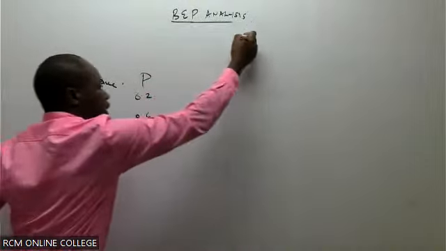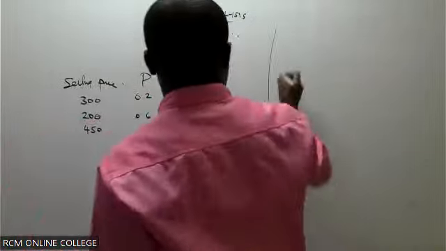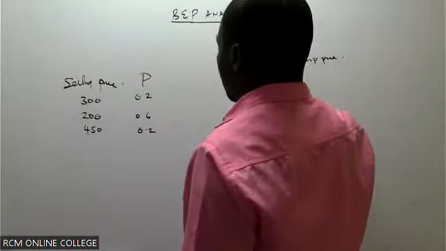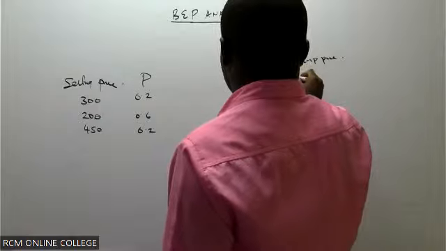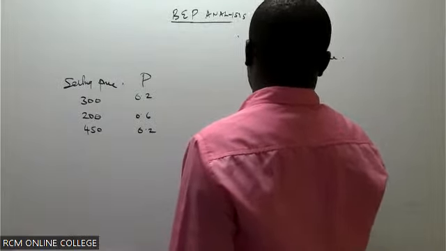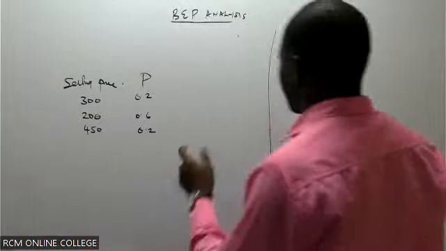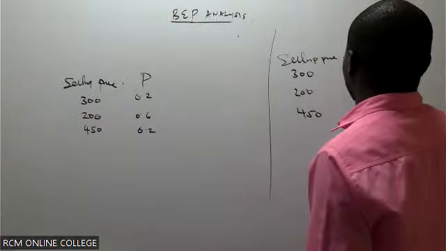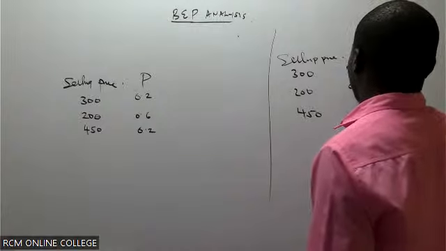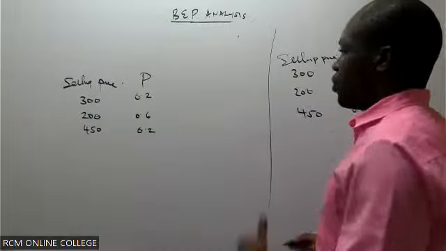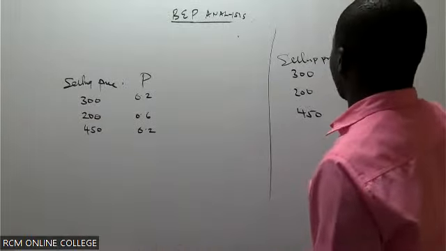Then in another place, I've been given selling price, that is 300 still, 200, 450. But now they are not giving me 0.2, they are giving me 0.02, 0.06, 0.02. What you need to understand here is, are you able to come up with the range?